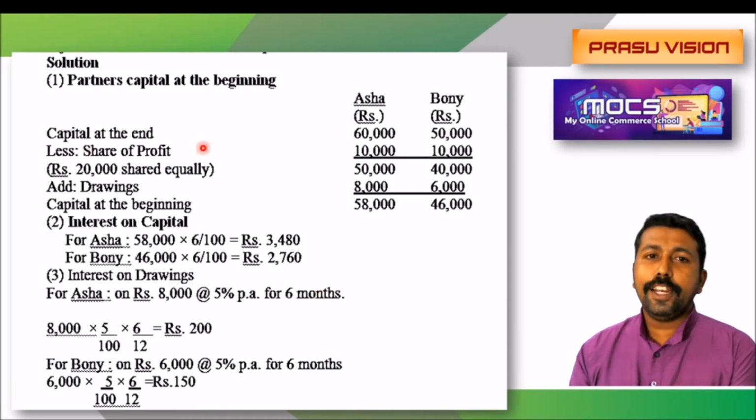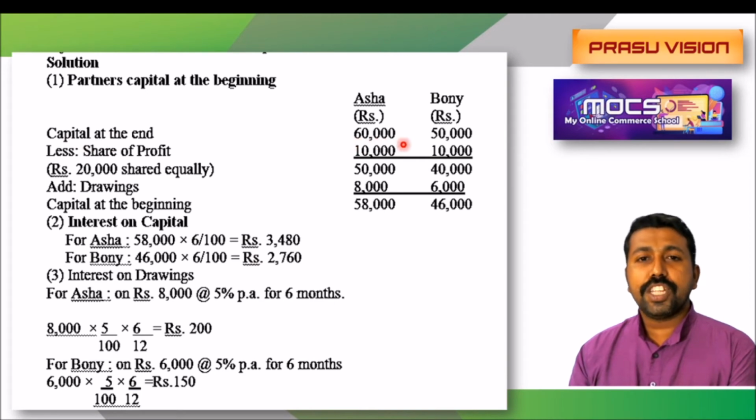Capital at the end of the year: Asha 60,000, Bonnie 50,000. Profit is deducted, so less share of profit, 20,000 shared equally, 10,000 and 10,000. Then we have to add drawings: Asha's drawings 8,000, Bonnie's drawings 6,000. Dear students, then we will get the capital at the beginning as 58,000 and 46,000.